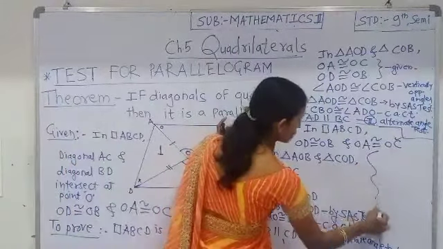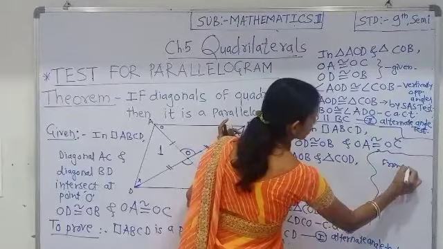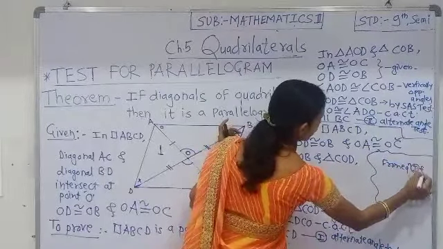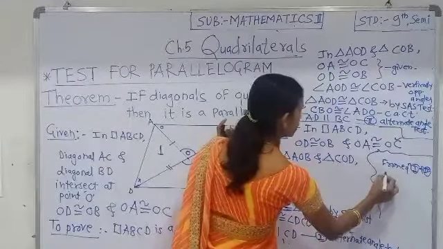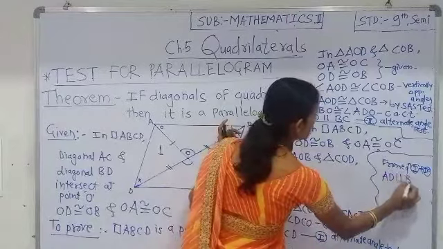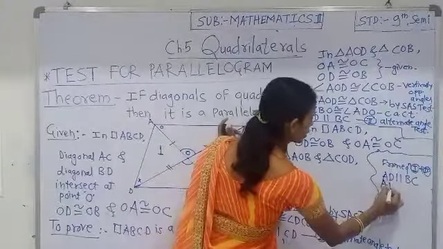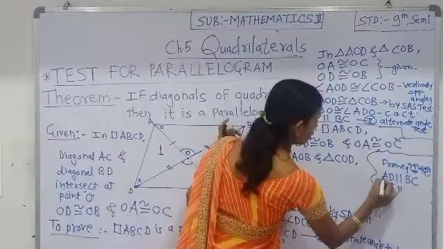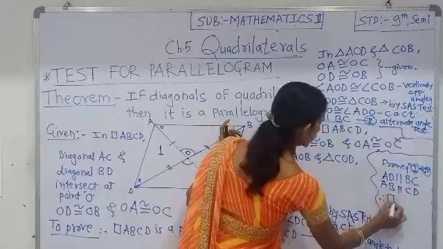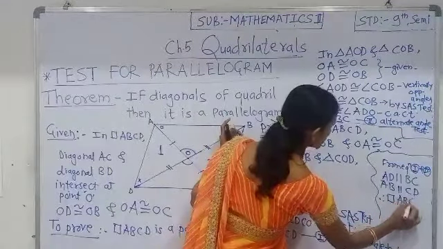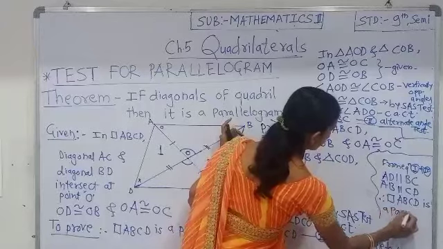Therefore from equations 1 and 2, quadrilateral ABCD is a parallelogram.